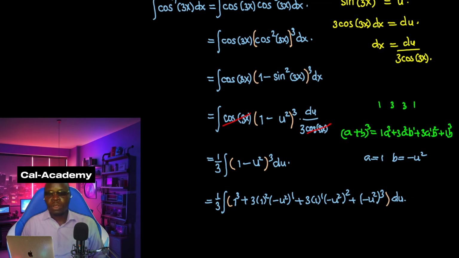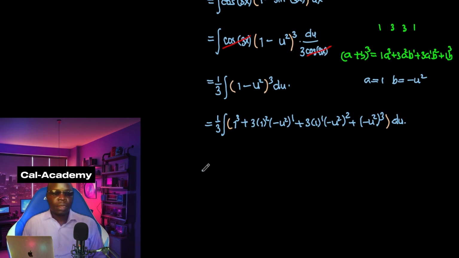After that, we can clean up this mess and come up with something better. So let's create more space, and this must be equivalent to 1/3 integral of, we still need to maintain this bracket here, so the first term goes to 1. Now here, this is 3 times 1, because 1 to the power 2 is 1, times 3 is 3, times negative, so we have negative 3u.